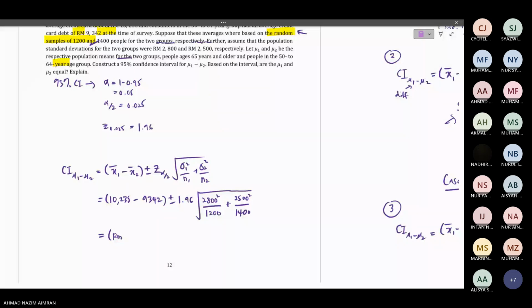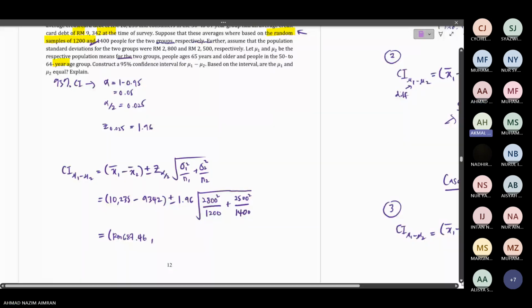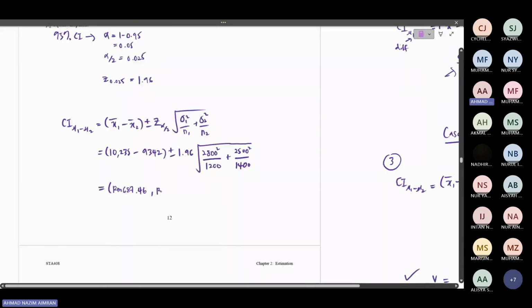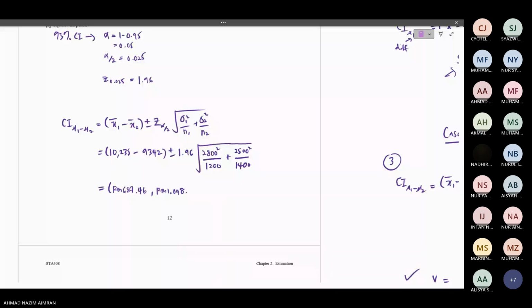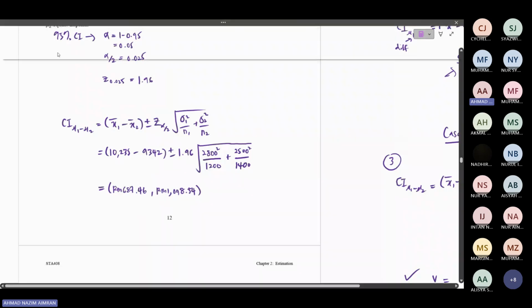So 687.46 for the lower boundary, and for the upper boundary 1098.54. Because our answer is in ringgit, you can round to two decimal places only. You don't have to use four decimal places.